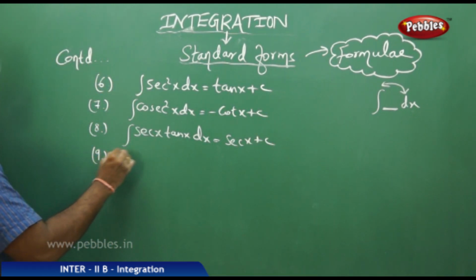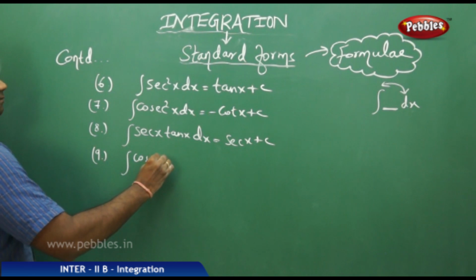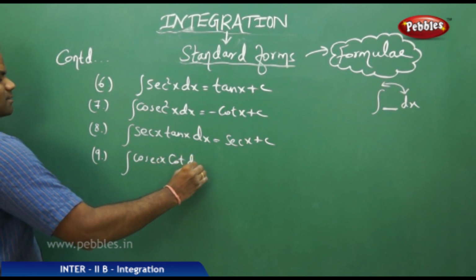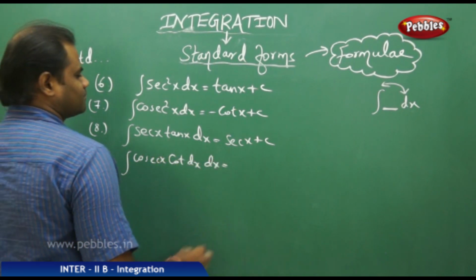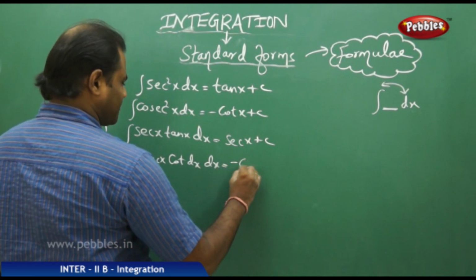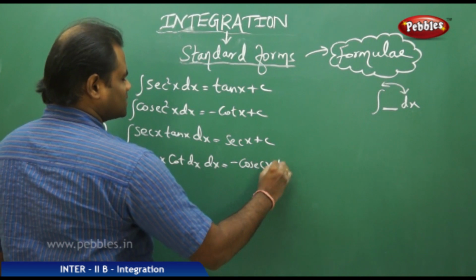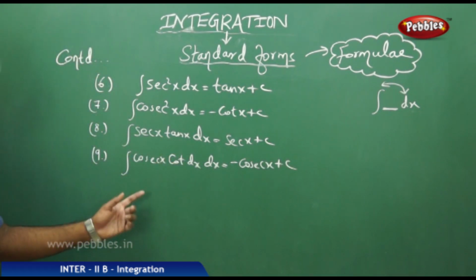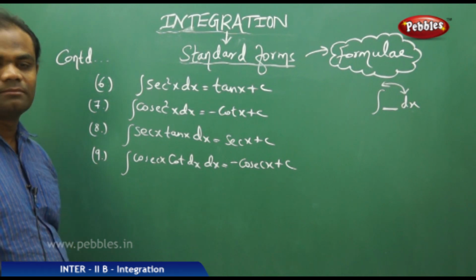And then I have cosecant x cot x, which is minus cosecant x plus c, is how we have the trigonometric integration formula.